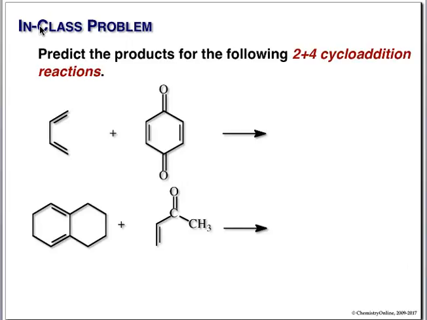All right, back to this guy. Go ahead and draw our product. What we're going to do here is take the ends of our diene. This is going to be our dienophile, isn't it? Just an alkene.